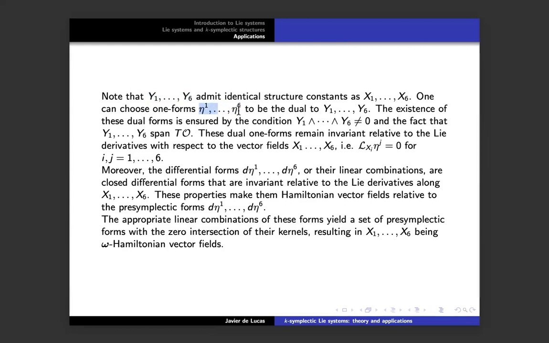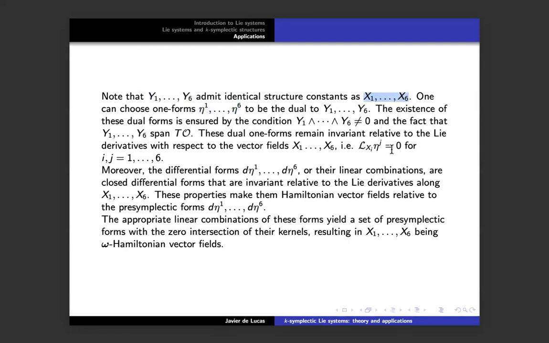These differential one-forms have pretty nice properties, and that's why we use them. First, due to the way that they commute with these vector fields, and that they are dual to these symmetries, the Lie derivative of these differential forms with respect to these vector fields is equal to 0. They are invariant.